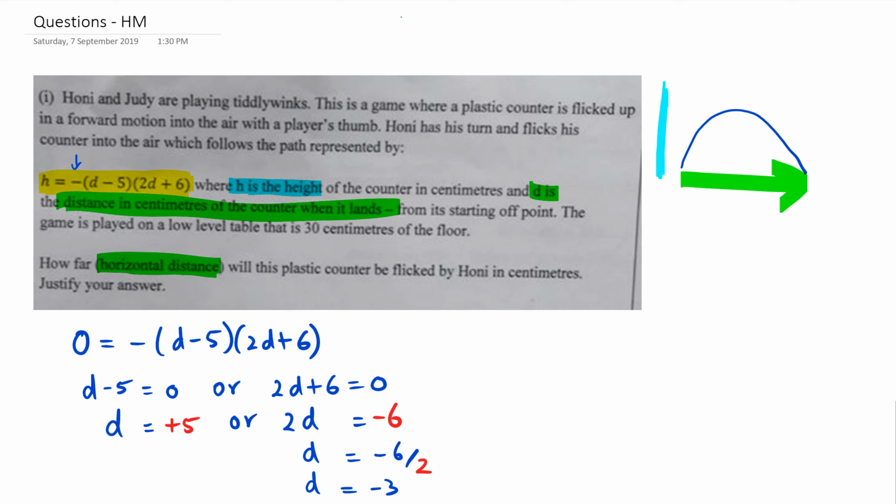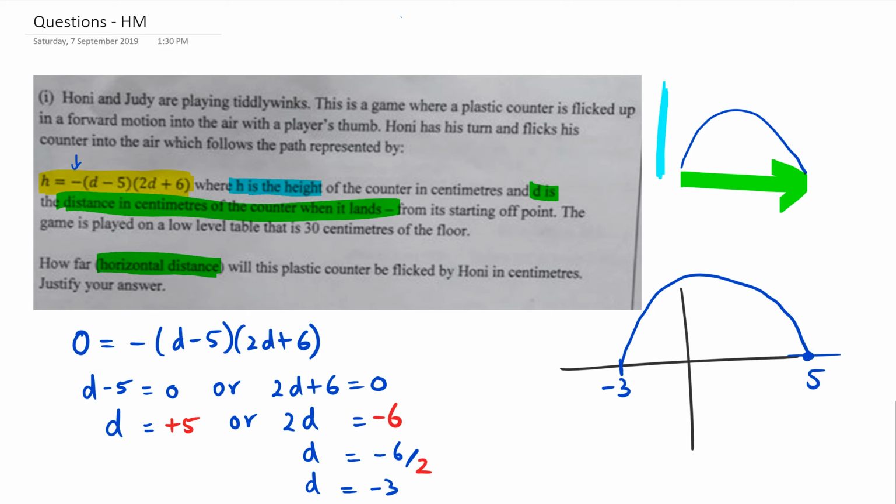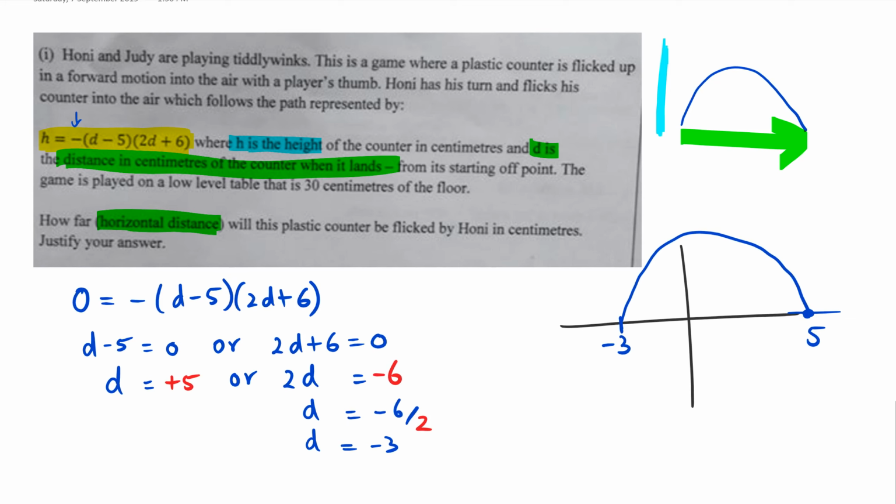If you think about it in a parabola format, there's your x and y axis, and we've got this parabola looking something like this, where this point here is 5 and this point here is negative 3. Now, I know some people look at this question and go straight away, oh, it's probably 8. But just bear in mind, d is actually the distance from its starting off point.